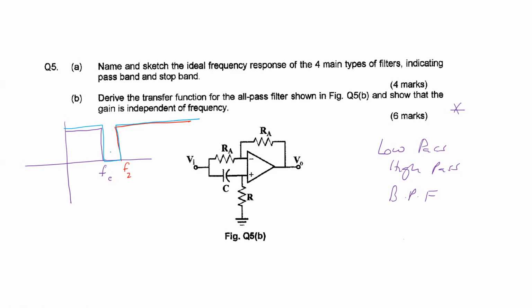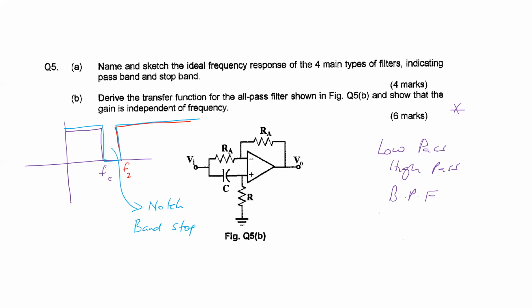In other words, what does this look like? A trough, or a notch filter. Notch filter, or the proper name for it, a band stop, because it stops everything in this band.